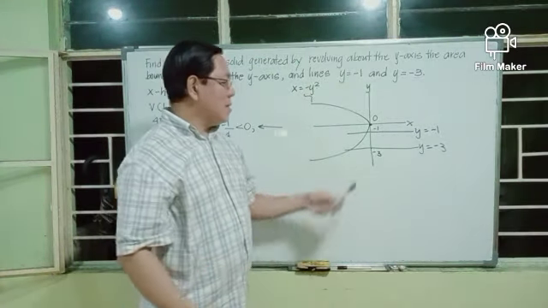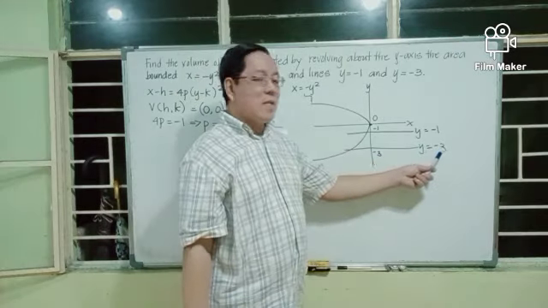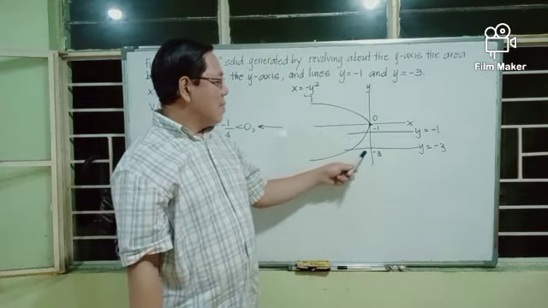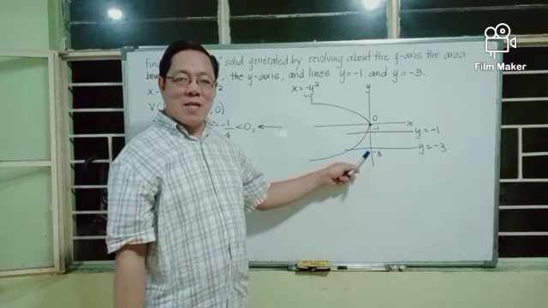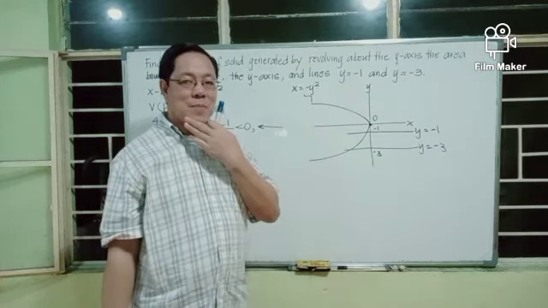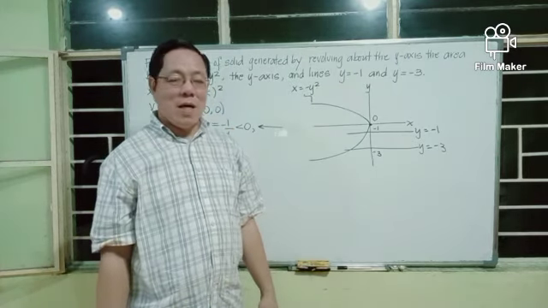This is the line with the equation y equals -3. Now we shade the required area.